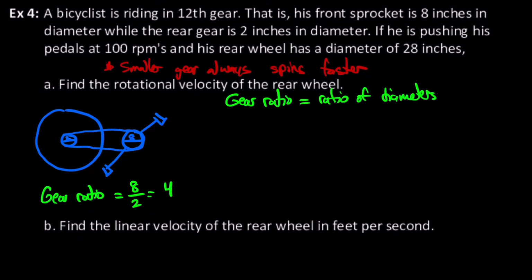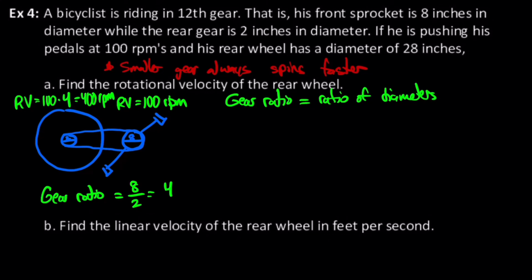So what that means is, if my rotational velocity of the larger gear is 100 RPM, the rotational velocity of the smaller one has to be 100 times 4, because that is the gear ratio, because that's 8 and that's 2. So that is going to be 400 RPM.